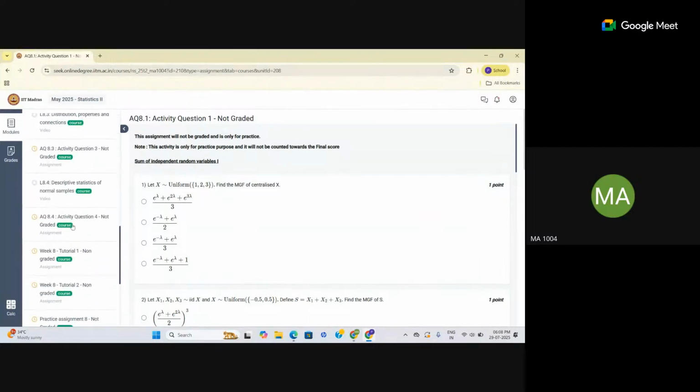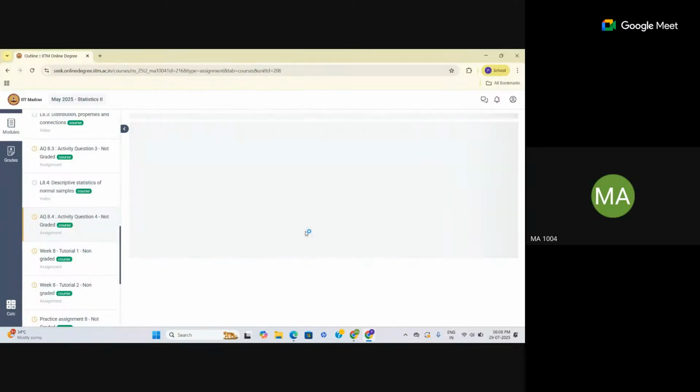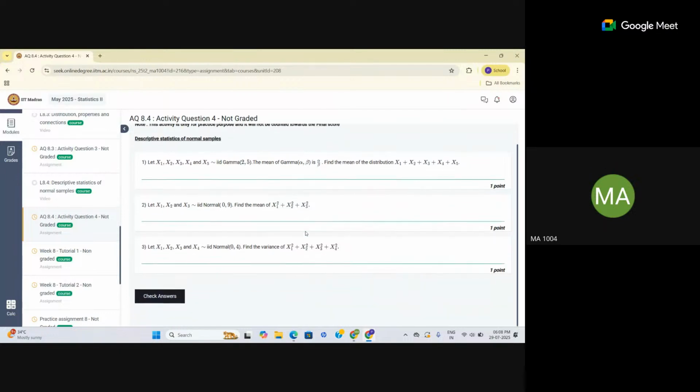Okay, activity 8.4, third question, right? Yes, ma'am. Here we have to use that moment expansion formula, but I don't know how to properly use it.